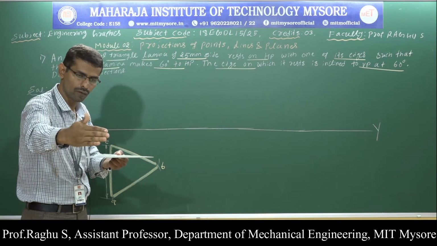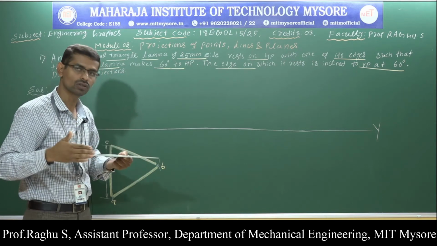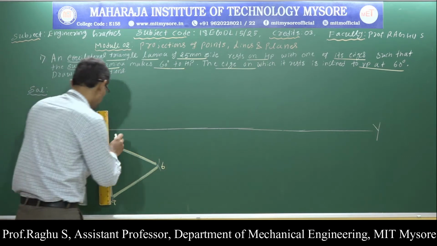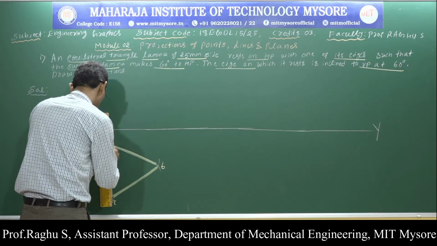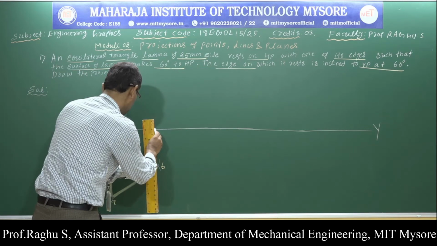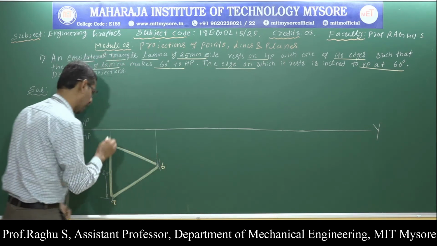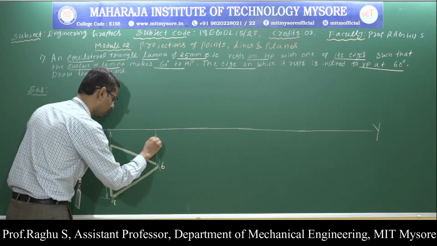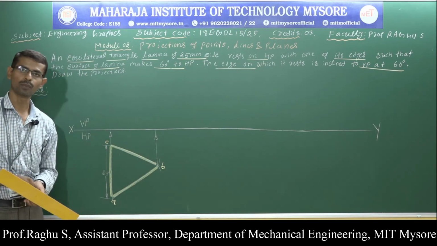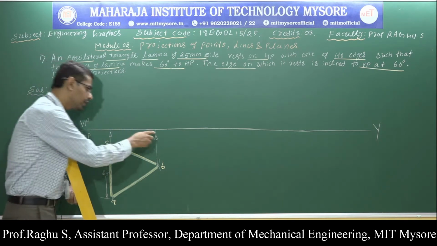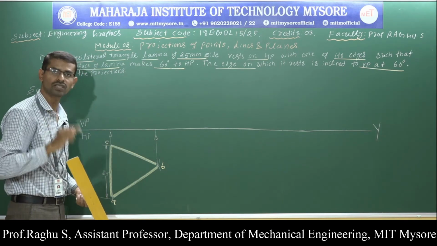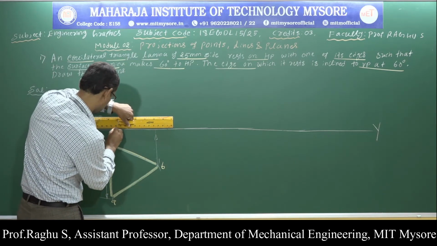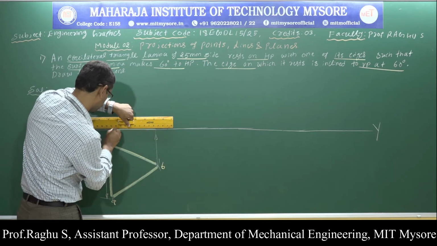Now, to get the front view, just draw a thin line up to the XY line. The gap between these two lines represents the front view, and the view must be dark. So this is the front view.